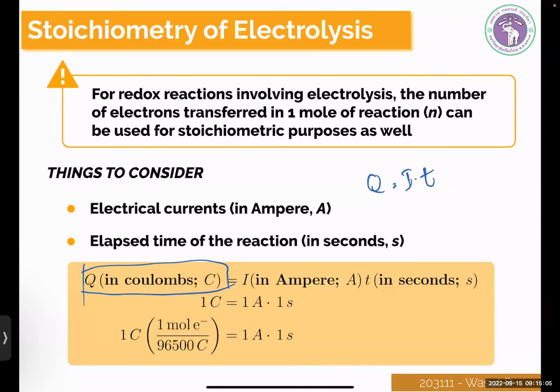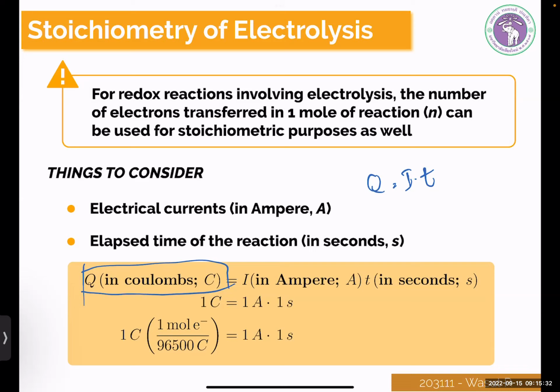The unit coulomb is just amperes times seconds. So when you want to convert the current into coulombs, you need to express the current in amperes and the time in seconds. Then you can multiply the current and time together to get the charge in coulombs.